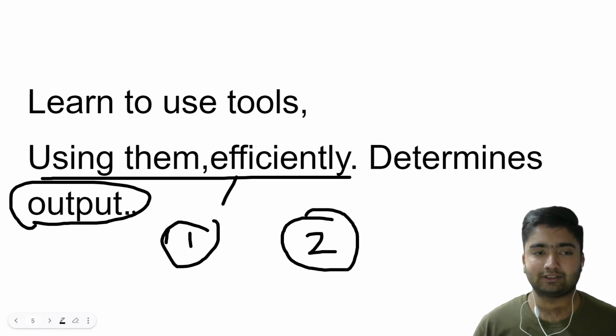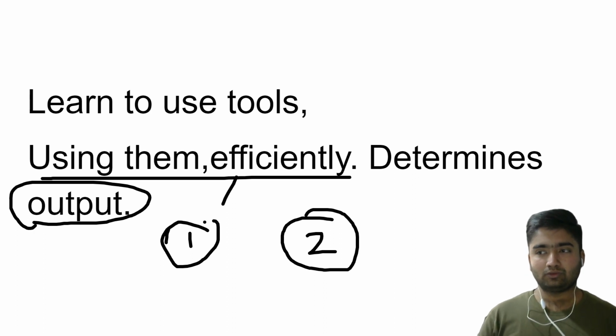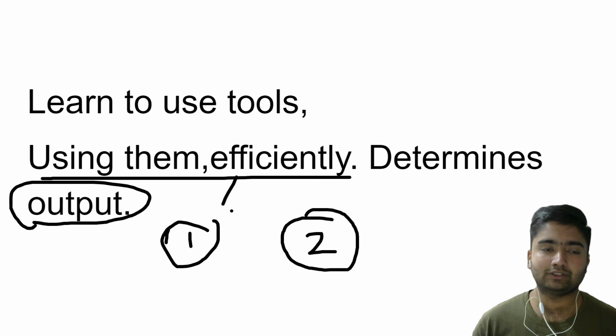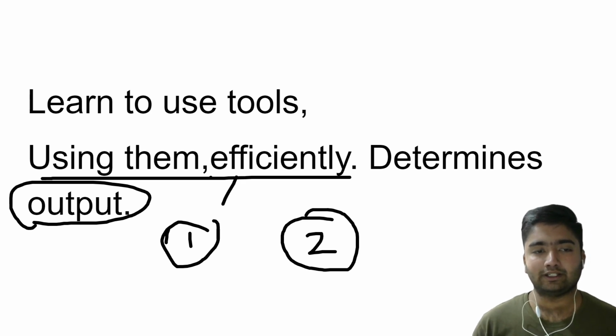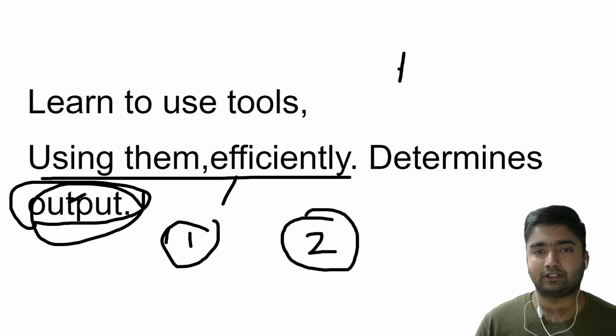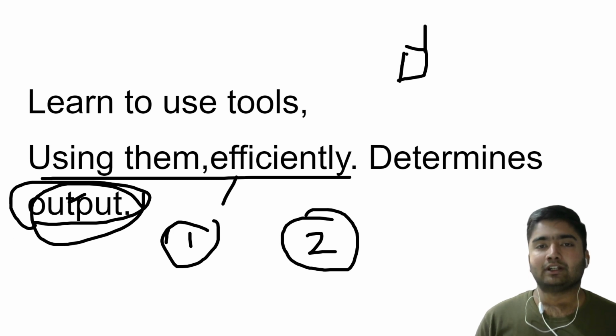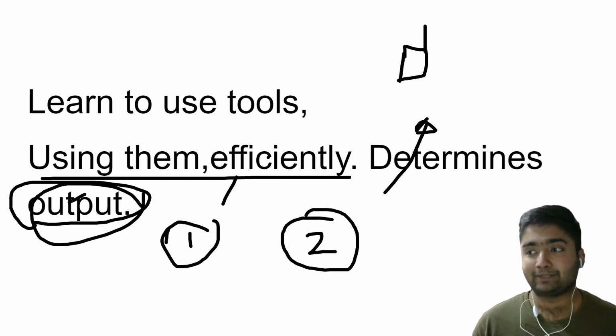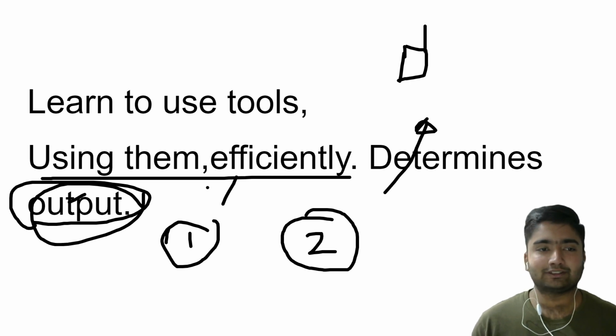So this is the catch: to know which tools are surrounding us, as well as to know how to use that tool efficiently. That is the big part in the output. Like we all have mobile phones, and if somebody uses it just for scrolling, and another uses it to run a business, you know who will get the maximum output. So this is the crux.